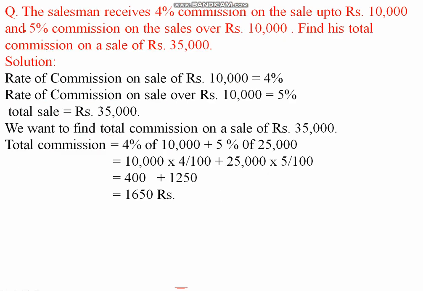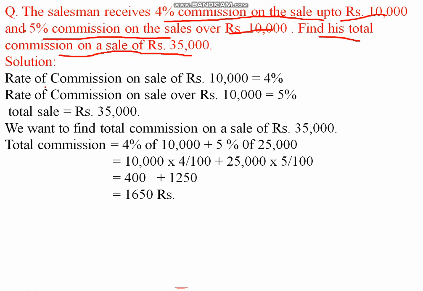See the next question. The salesman receives 4% commission on the sale up to 10,000 rupees and 5% commission on the sale over 10,000 rupees. Find his total commission on the sale of 35,000 rupees. The rate of commission in two different cases is given.